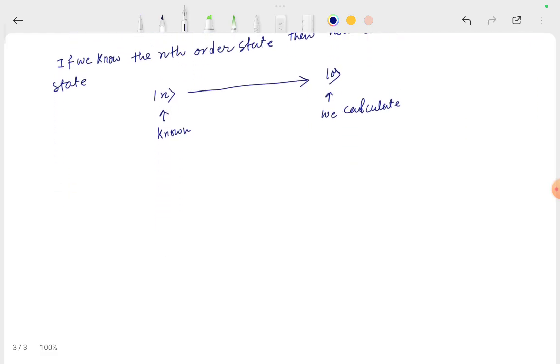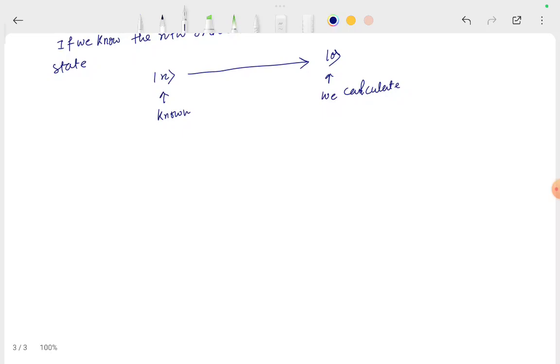Don't worry. Let's perform a step-by-step approach, and finally we get important conclusions. Using these conclusions, we can easily calculate from any higher order state to the ground state.